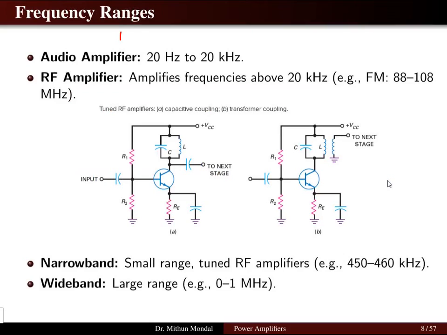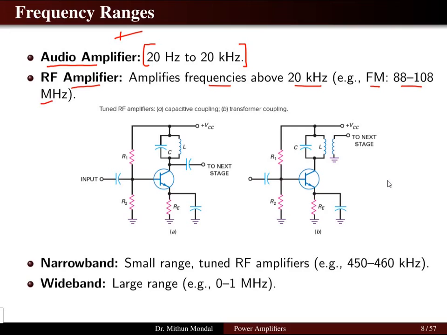The frequency range also plays an important role depending upon the application. The audio amplifier lies in the range of 20 Hz to 20 kilohertz, and the radio frequency amplifier usually amplifies frequencies above 20 kilohertz. For example, FM radio has 88 to 108 megahertz.